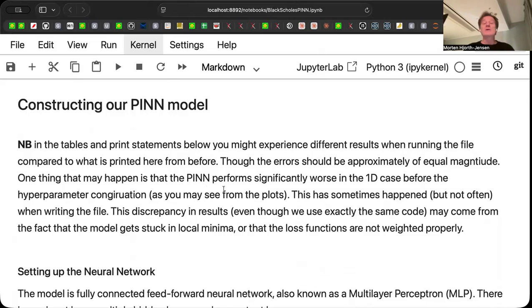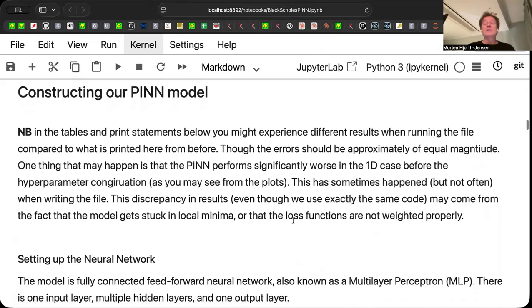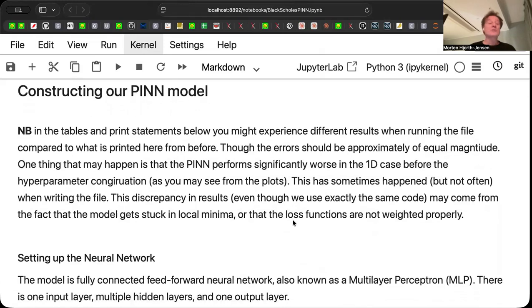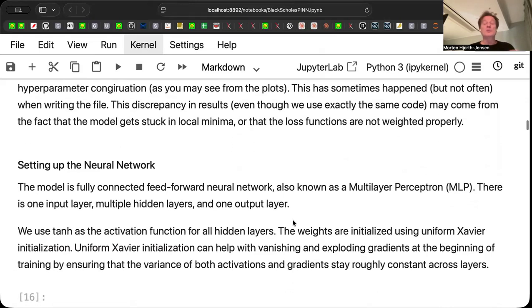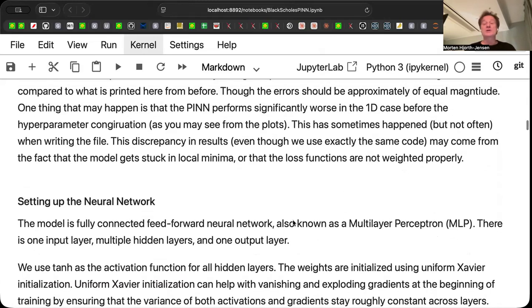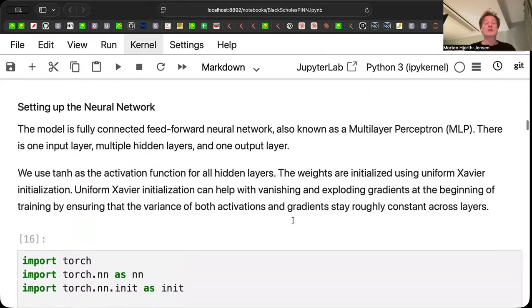One thing that may happen is that the PINN performs significantly worse in the one-dimensional case with a poor hyperparameter configuration. This has happened sometimes, but in general, when you run it here, you will get something pretty close to the analytical solution.